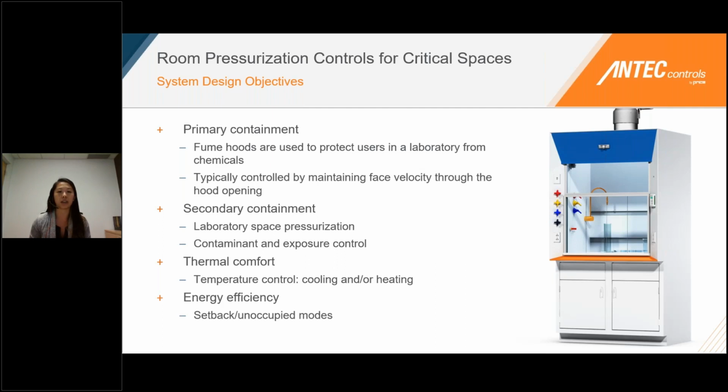Because these critical spaces are essentially ensuring life safety, our primary goal is the fume hood flow and the pressurization of the lab itself. Thermal comfort and energy efficiency will come after we can make sure that we meet the containment requirements.